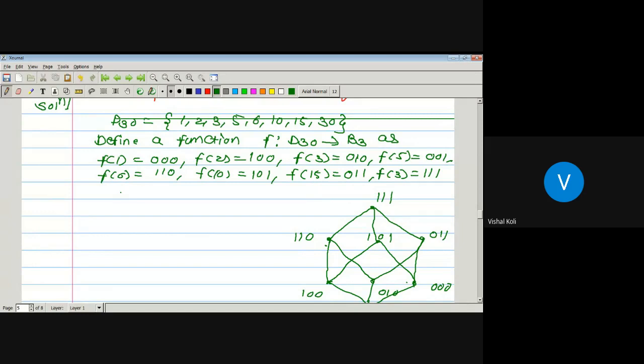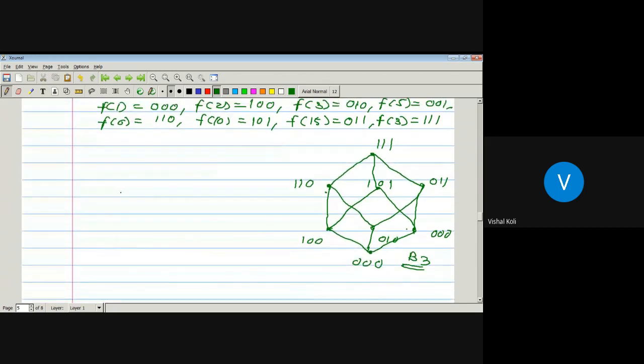If there are two lattices which are isomorphic to one another, then how will you draw the Hasse diagram of the other lattice? We just replace the corresponding vertices by their images. Here this one is 0 0 0, which is the image of f of 1. So this will be the Hasse diagram of lattice D30. Here is 1 since its image is 0 0 0. Here take 2, 3 and 5.